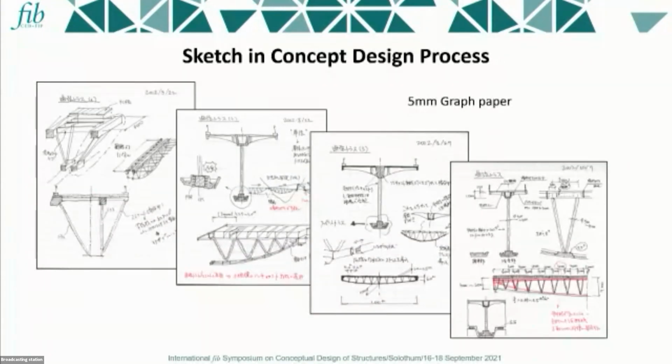And me, I use 5 mm graph paper. It's very convenient because I need a precise scale at the sketch level, because I think about construction methods. So this is an example of developing a suspension structure.